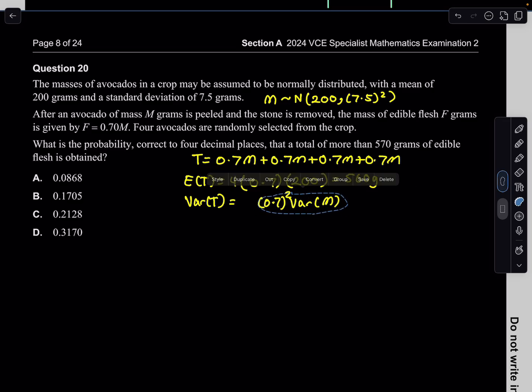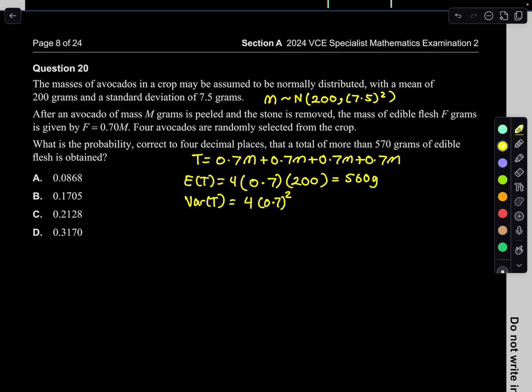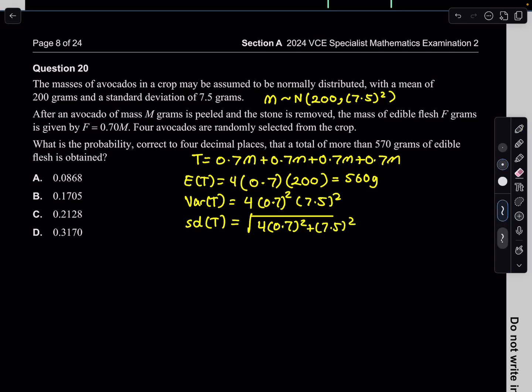So that is your variance of T. And of course, the variance of M is just 7.5 squared. We can easily find the standard deviation of T by taking the square root of this variance. So 4 times 0.7 squared times 7.5 squared. Not plus, sorry, it's a times.